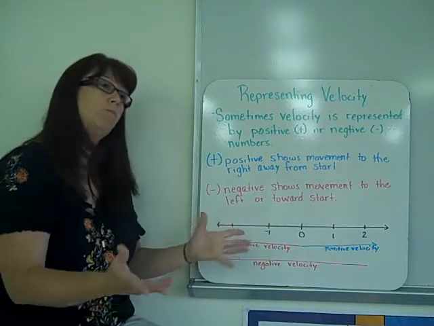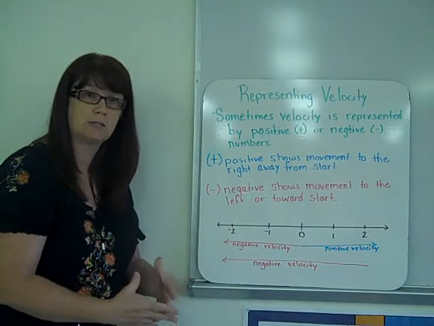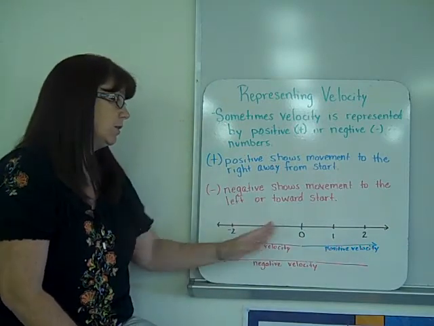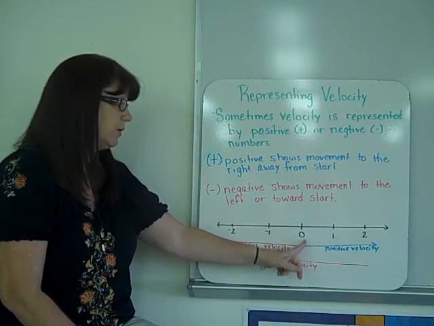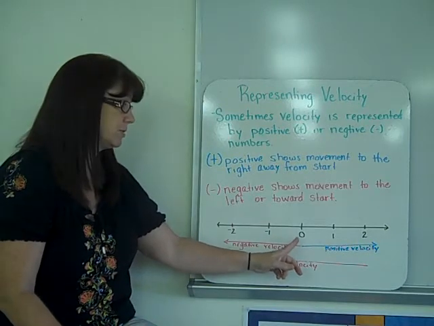So for example, when we were talking about speed in class and position and distance, we did some of the number line work in the classroom. Let's look at the number line again. Remember that we said that 0 is going to be our reference point or our starting point.